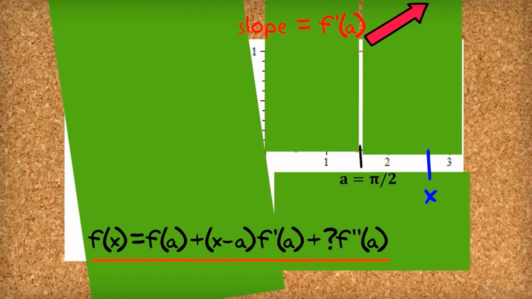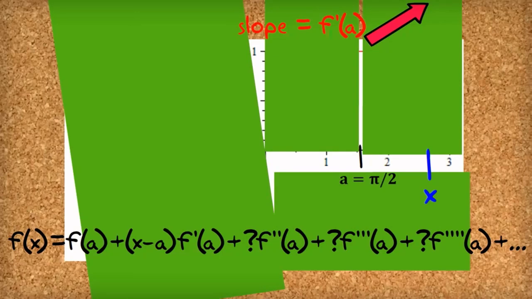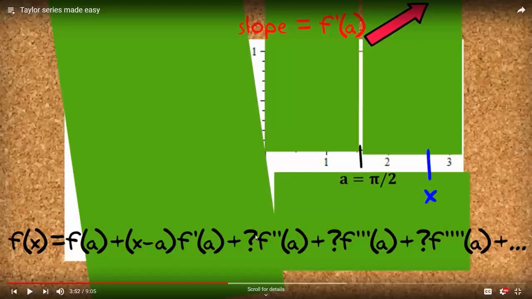So then the final student says, well, I can't help you with what the question mark should be, but I know that you can extend the argument. So we should actually have something to do with the third derivative, the fourth derivative, and it goes on and on forever. So we can start adding these plus a question mark times these higher derivatives at the point A. So basically it's an infinite series which has successive higher and higher order of derivatives for each successive term.